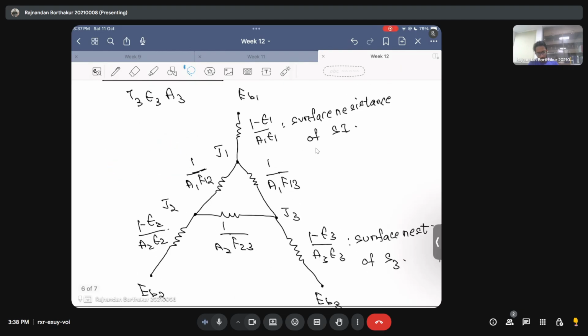Okay, so I believe you can see on your screen. This is typically the radiation network of a three-zone enclosure, and this is what the full radiation network looks like.